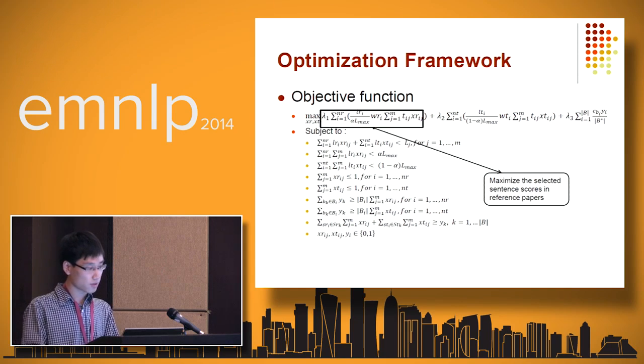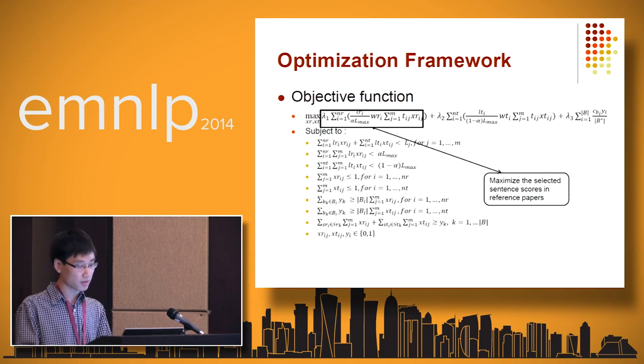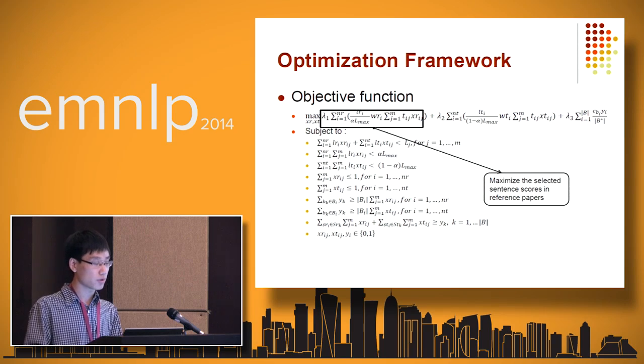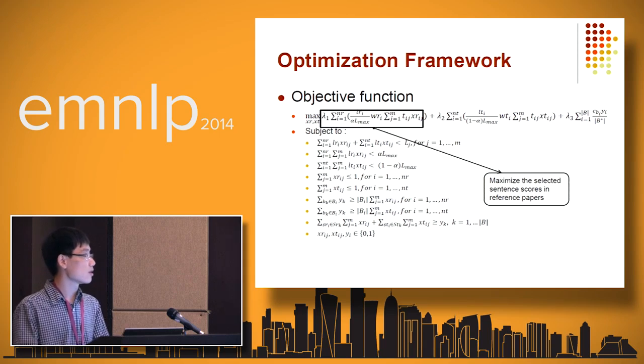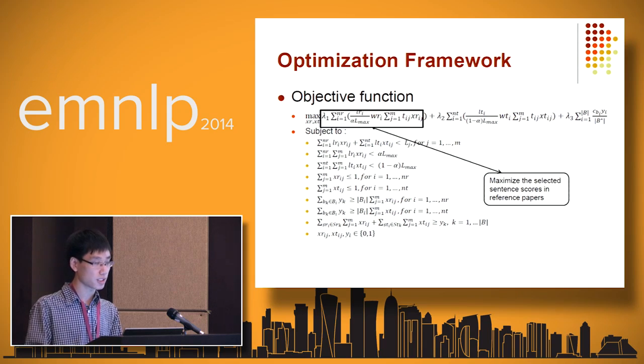The first part of the objective function is to maximize the selected sentence score in the reference papers, so our generated related work section should describe the previous work very well. We assume that if a sentence has a higher score, it is better to be selected.